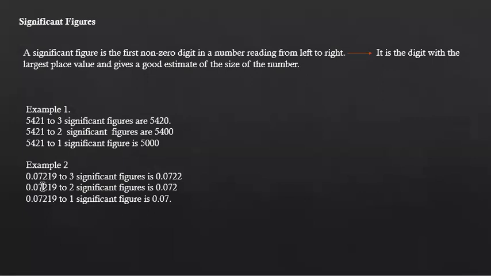We're looking at the target, which is the 2 here, so this 9 is inconsequential. So we look at the 1. The 1 is less than 5. So we round down. So it becomes 0.072 for 2 significant figures.